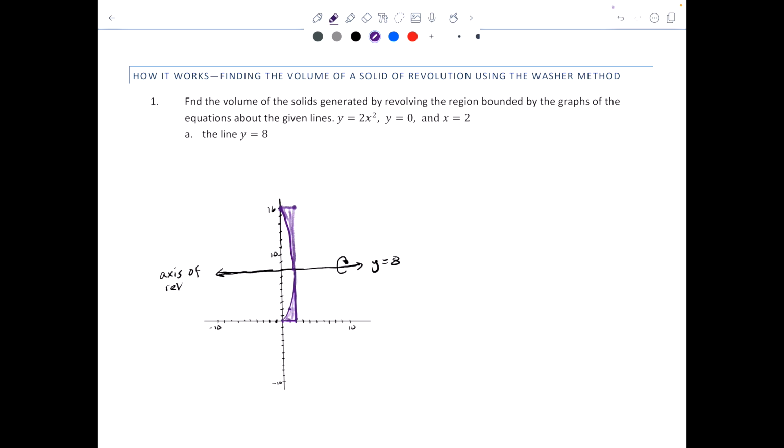And then our axis of revolution is horizontal, and so your representative rectangle is going to be like this. And then you'll have something like this that you made.